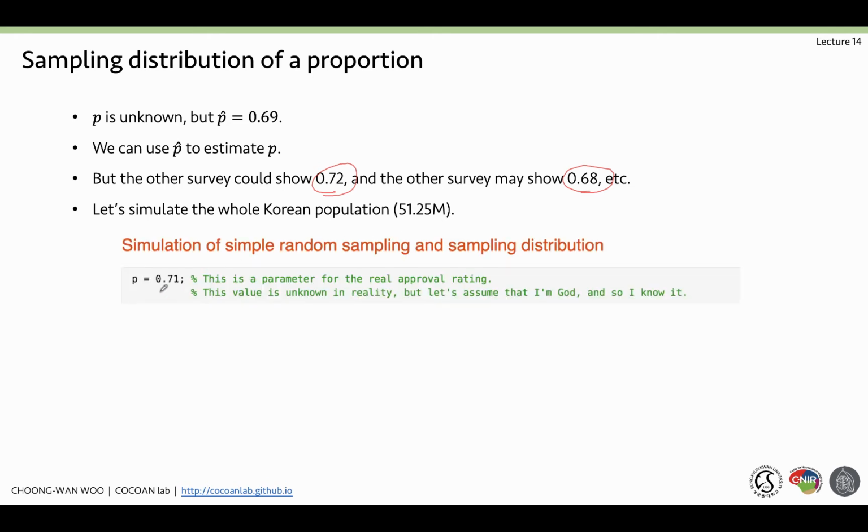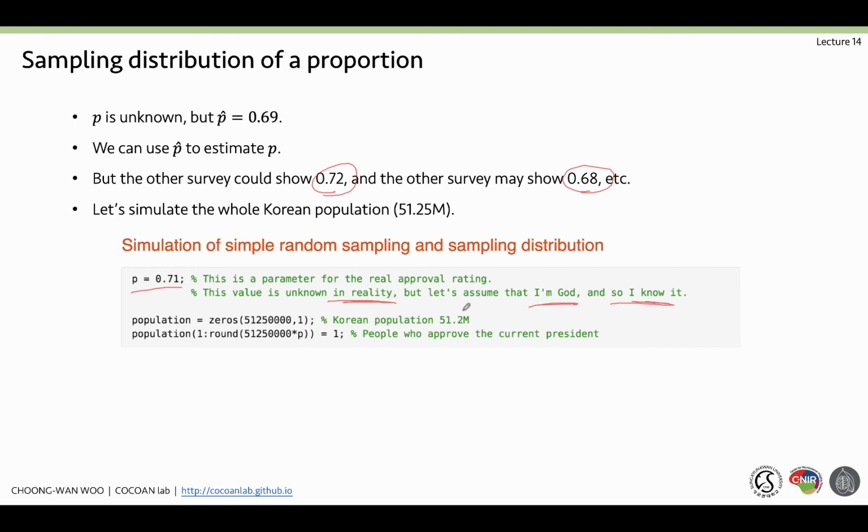And we can actually simulate the whole Korean population using a programming language. For example, let's say this is the parameter for the real approval rating, 0.71. We don't know this value in reality, but let's assume that I'm God, so that I know the actual approval rating. I know 0.71. That is, 71% of the Korean population support the current president.